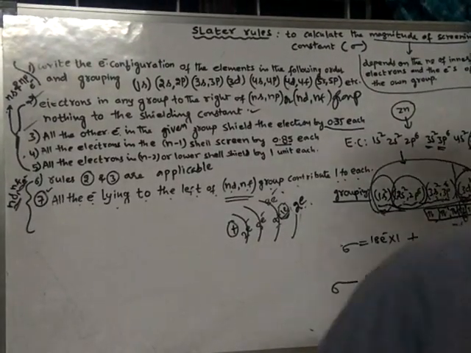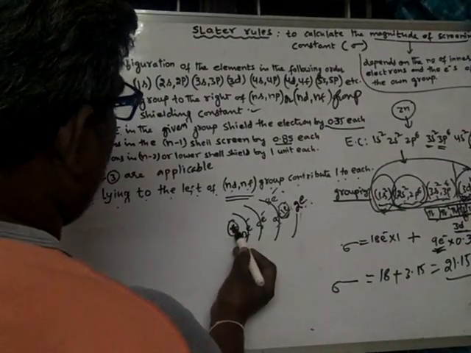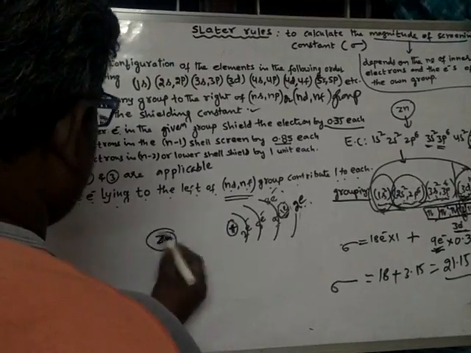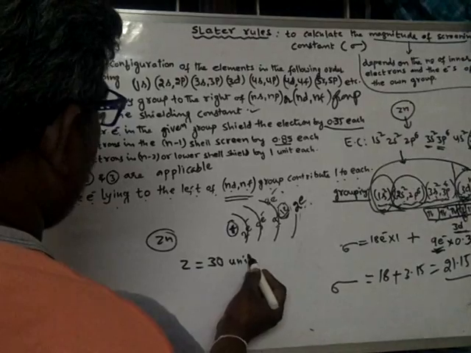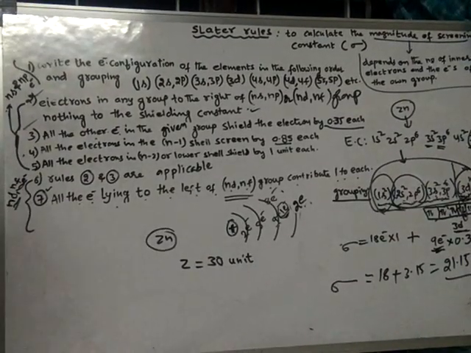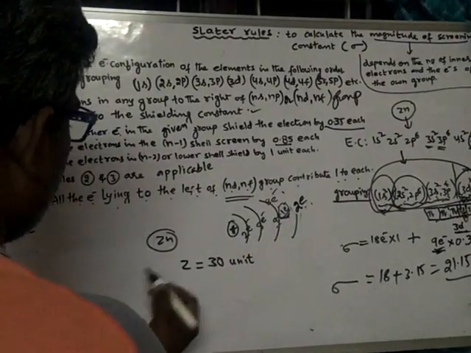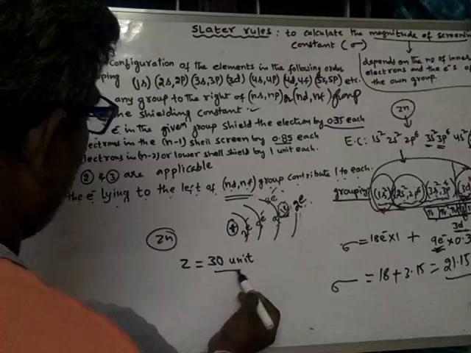Now look here. What is the charge of the nucleus? The atomic number of zinc is 30, so the nucleus should show 30 units of force of attraction on this particular electron. That means the actual nuclear charge on this electron is 30 units.